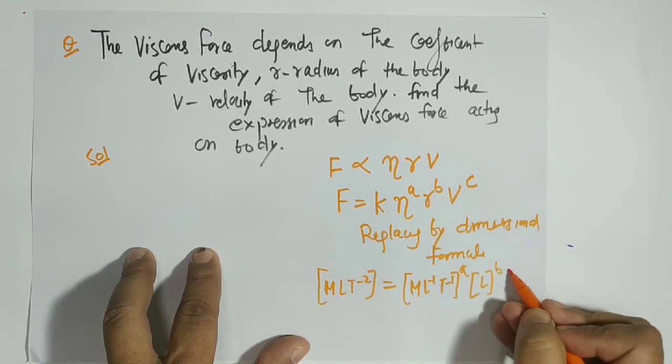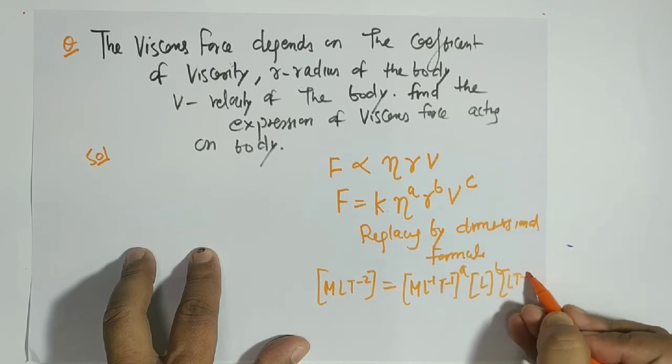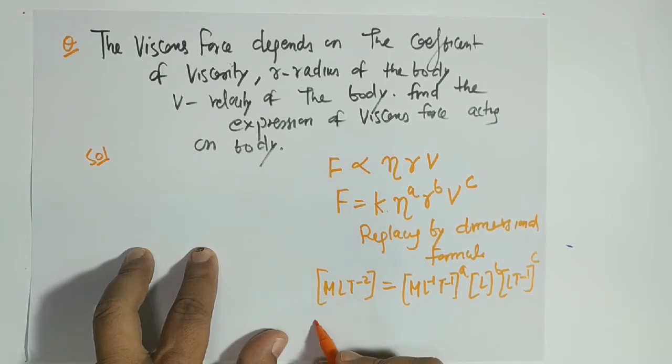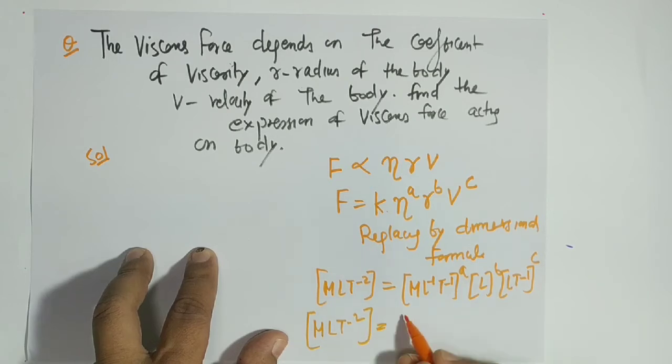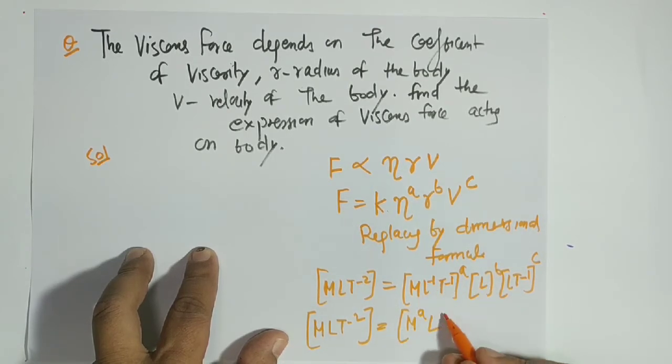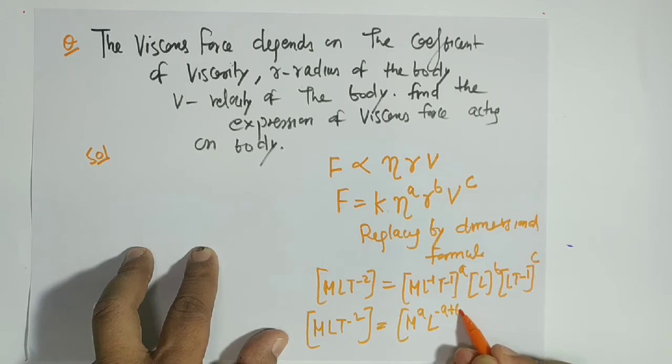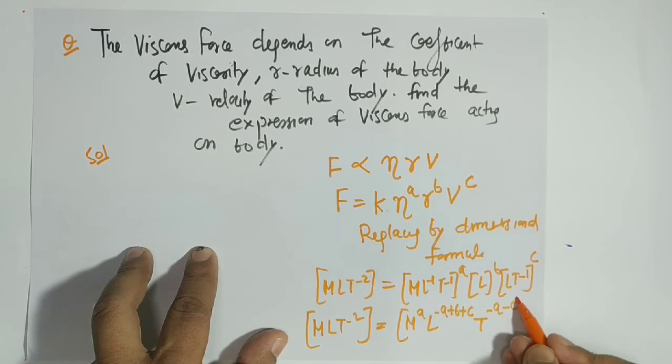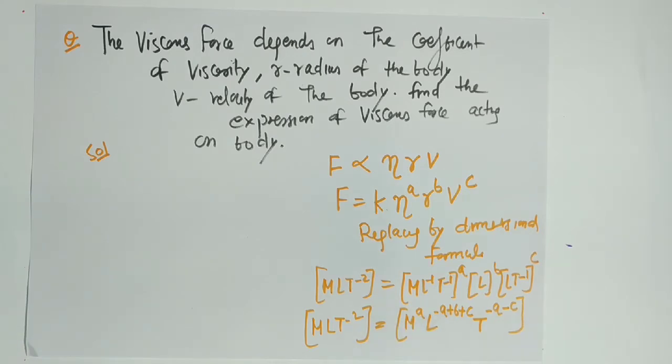What is R? L to the power B. What is V? LT minus 1 to the power C. So make it like this, MLT minus 2, and then you organize it: M to the power A, L to the power minus A plus B plus C, and T to the power minus A minus C. See here, I have just written in this form.